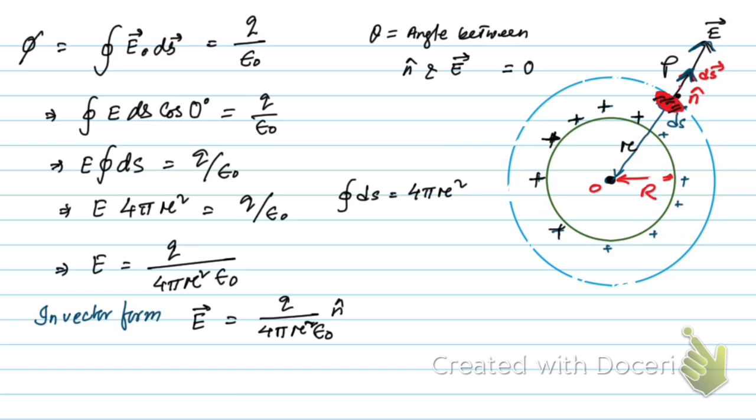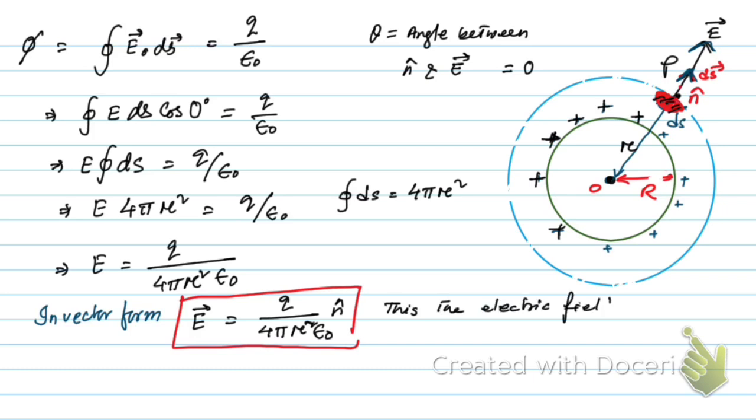That's going to be the vector form of the electric field. So here you see this expression is the electric field at P due to the cell, right?